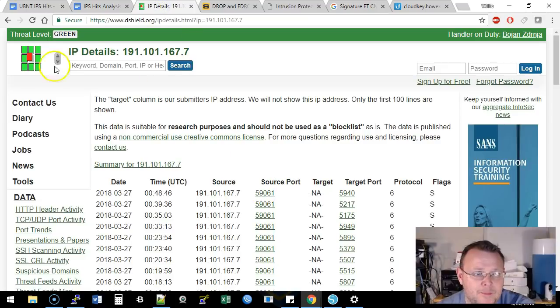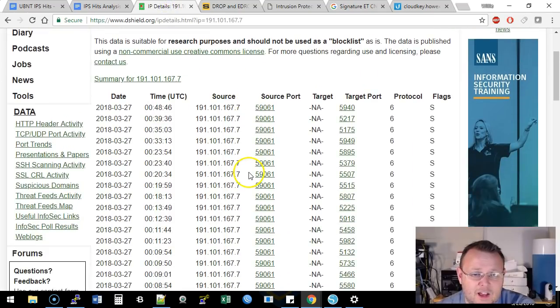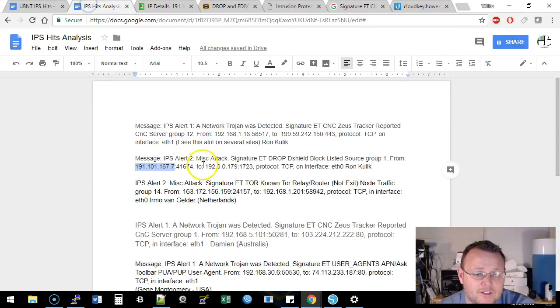So if we pull up DShield, we can put in the IP address that we see over here, which is this. This is our source. This is where the attack is coming from, and it's coming to here. Now, I don't know if that's really Ron's WAN address or not, but we are detecting this going to here, protocol TCP on eth0.